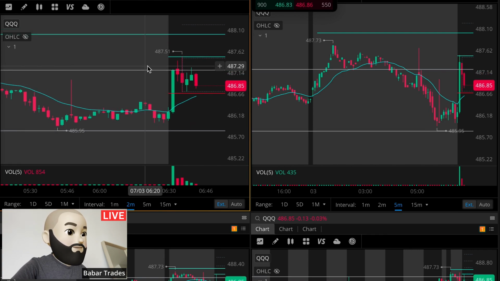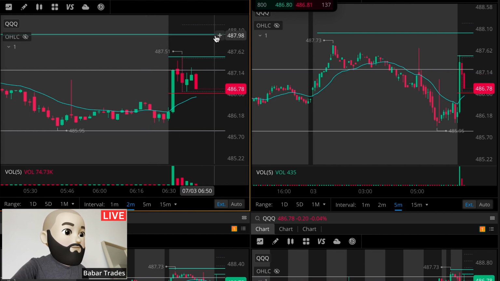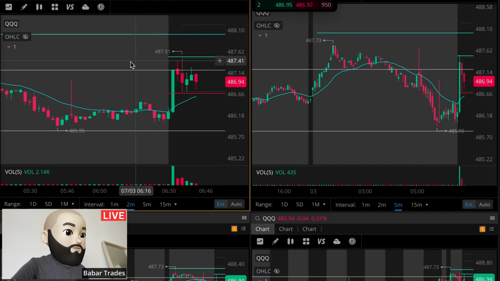Maybe an early entry here at 487.29 for the 488 calls. This could close in the money if it breaks this blue line here, which is 488. Just mark this hold number.